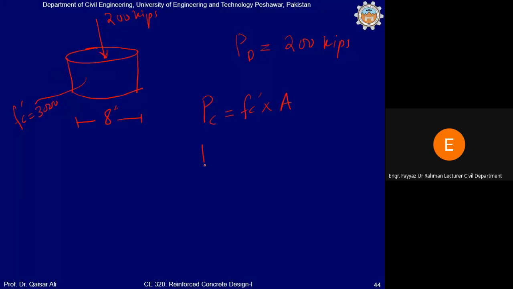Now, capacity will be equal to Fc prime, which is 3000 psi, so it will be equal to 3 ksi, and multiplied by area. Area, you can calculate the area for this member. Quickly calculate करें शाबाश. 5 by 4 d square से calculate करें. जल्दी करें.